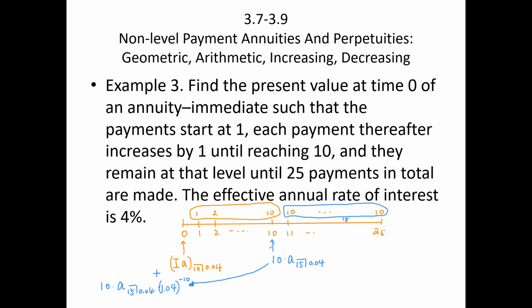On (Ia), that one is a little bit complicated, so let me write down the formula, and I'm going to skip the calculation. Okay, I have the answer. It's (ä sub 10 angle 0.04 minus 10 times 1.04 to the negative 10) divided by 0.04.